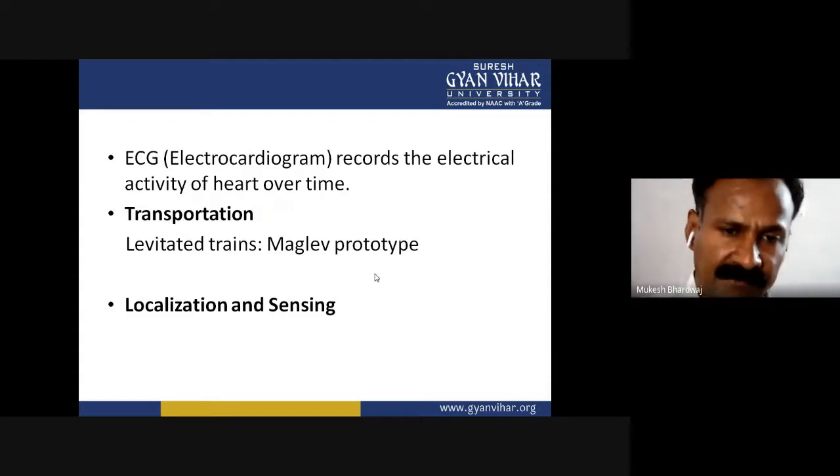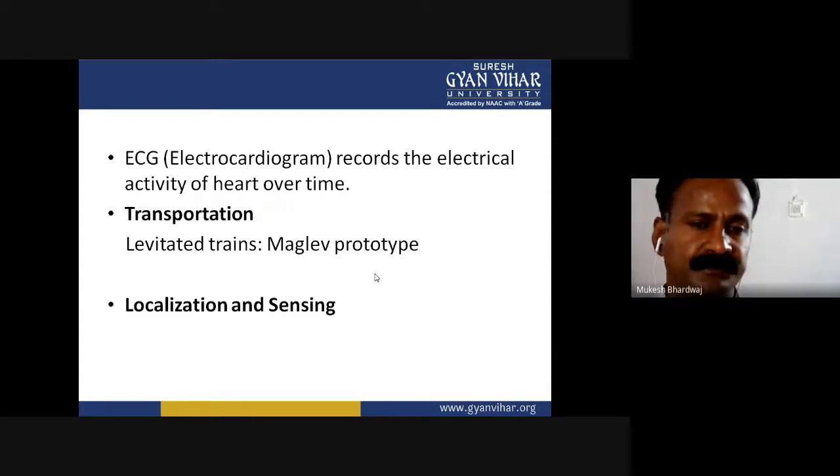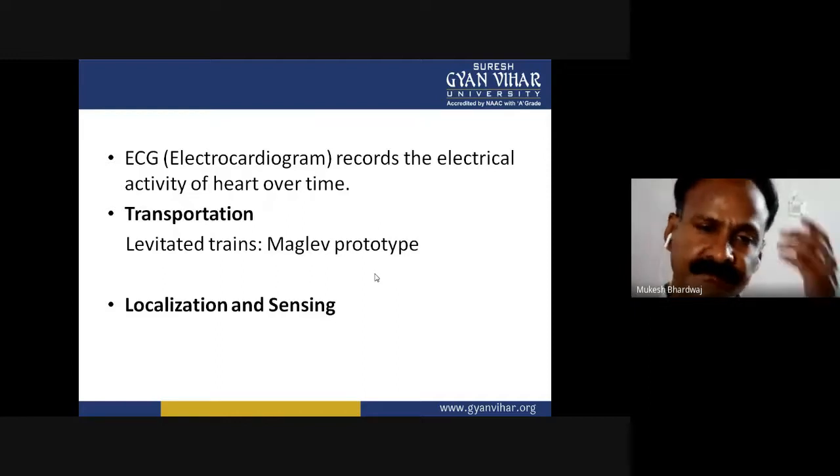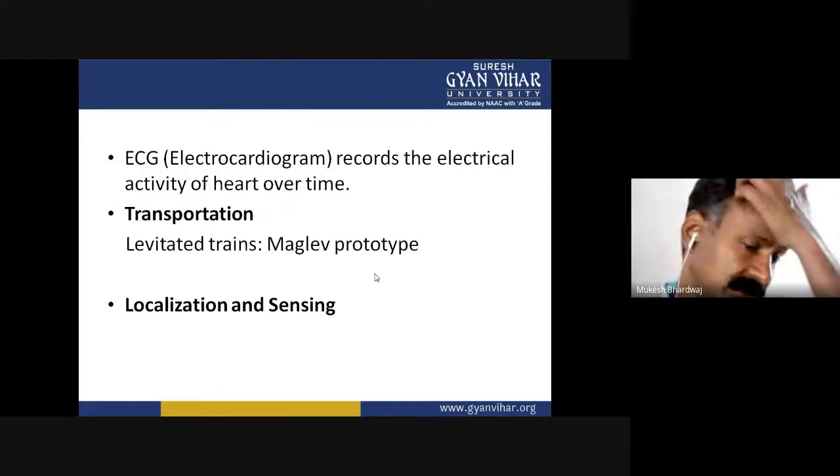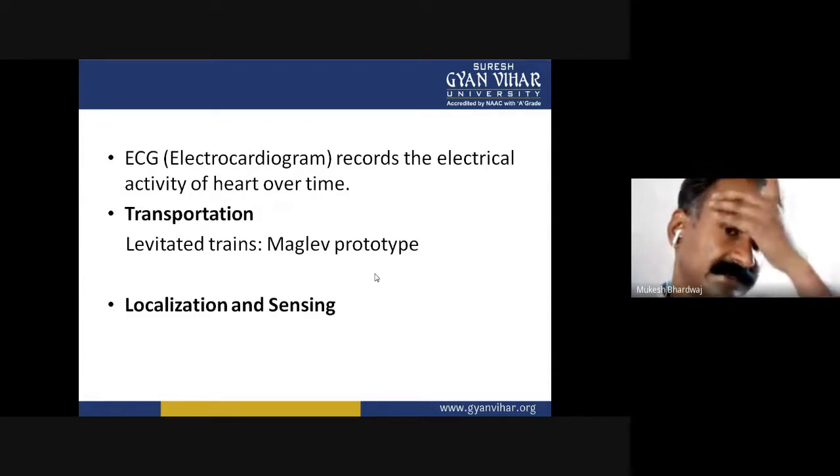Somewhat it is levitated, so there is no friction and the control is governed through the electromagnetic concept, and that is known as a levitated maglev train. So it's a very high use of electromagnetics in transportation.